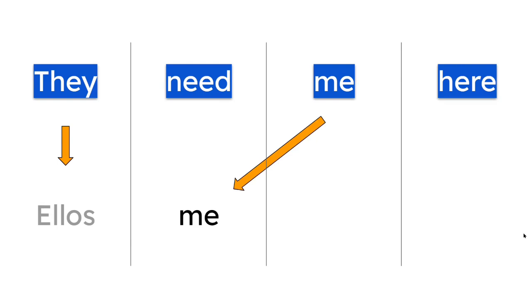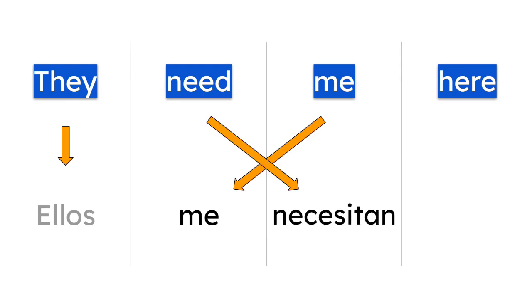We place the object, the person receiving the action, first, and then the verb. So, ellos me. And then we conjugate the verb need, which is necesitar. Necesitar for the third person plural, which is ellos, is necesitan. Ellos me necesitan.